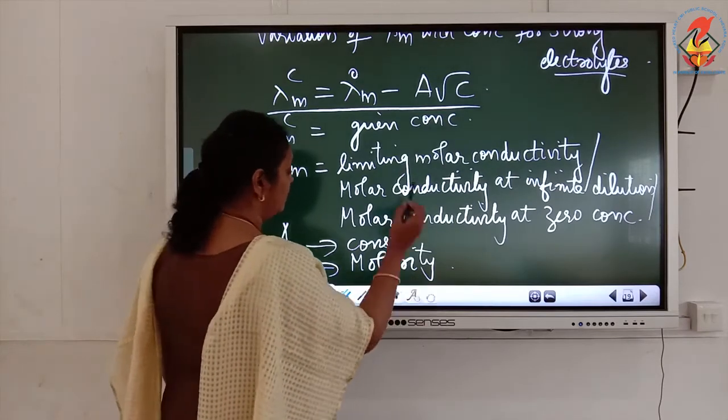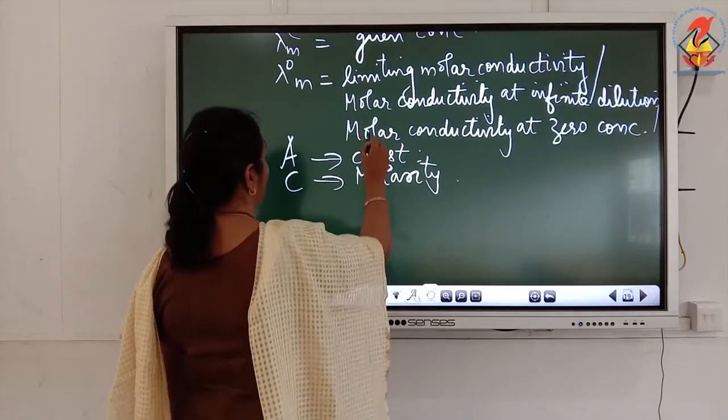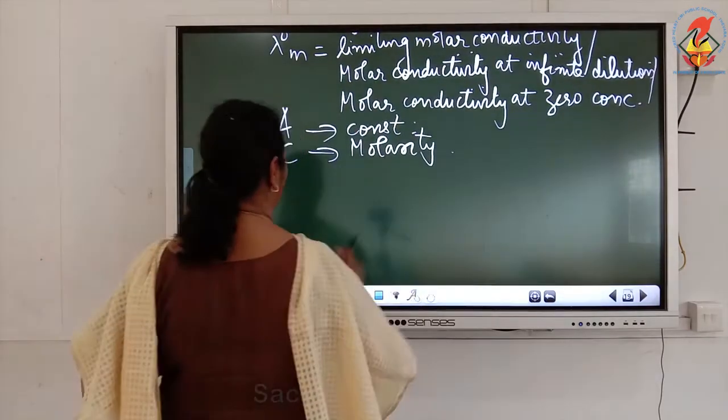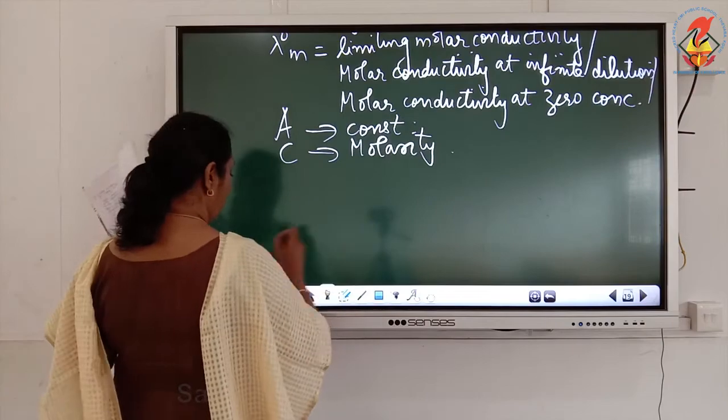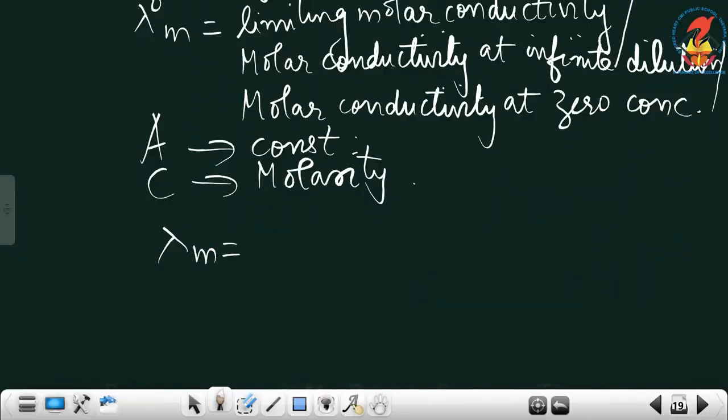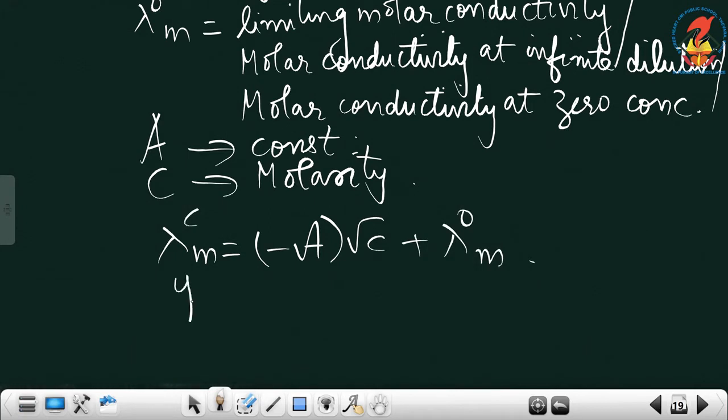Now I am going to rewrite this expression. Lambda m is equal to lambda naught m minus A root C, that is, lambda m is equal to minus A root C plus lambda naught m. Now this equation is of the form y is equal to mx plus c.